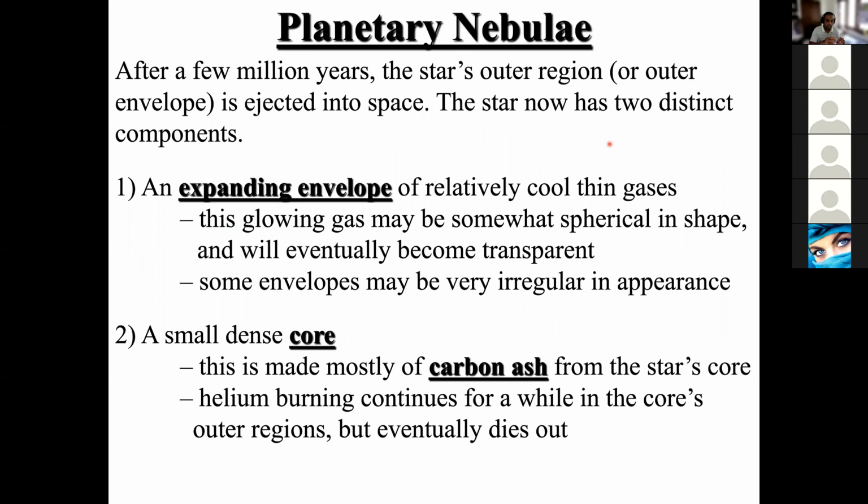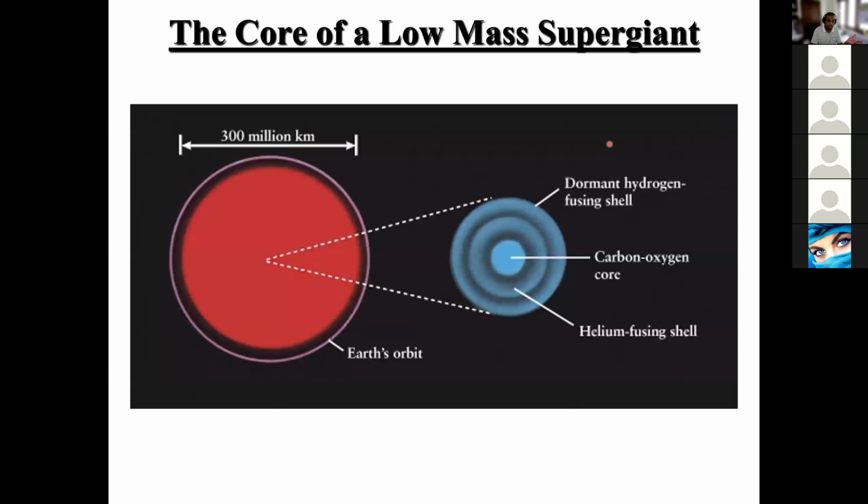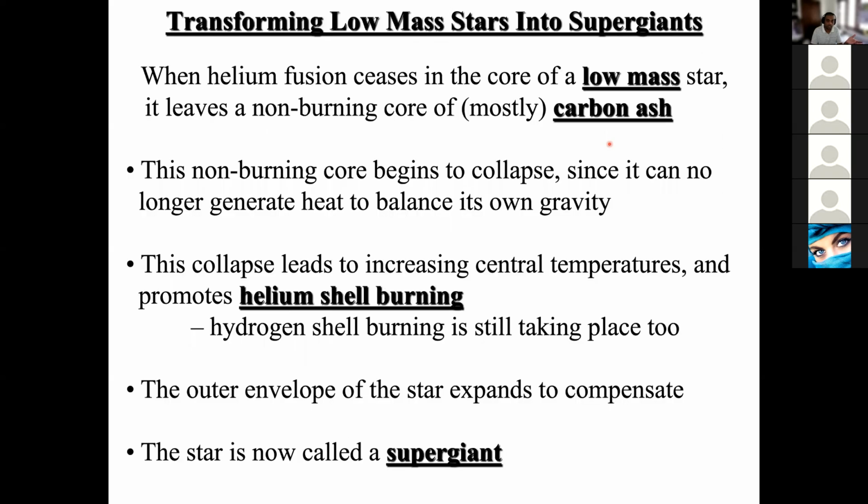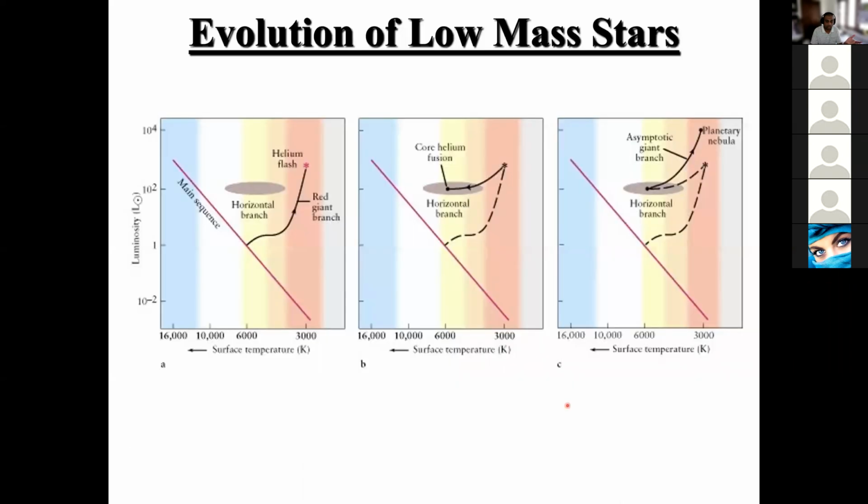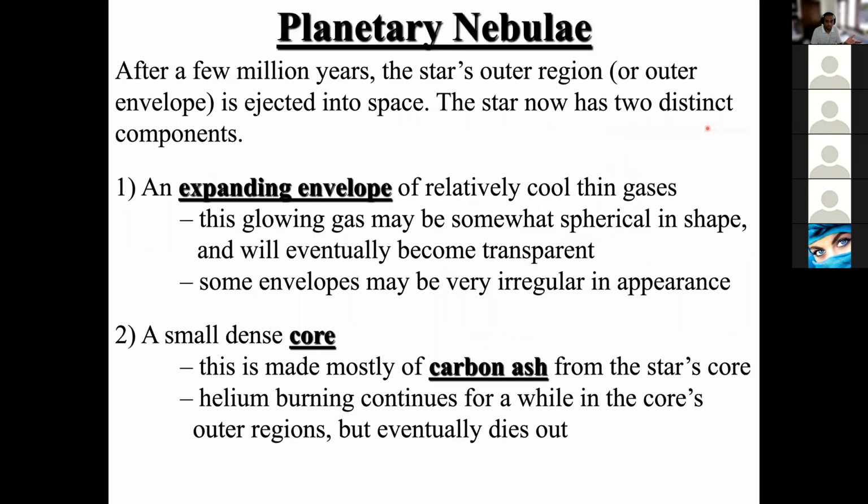Remember that we talked right here that you have carbon ash at the center, and at the same time, the outer envelope of this star expands, right? Because of that, there are two distinctive parts now when the star is at this particular position: an expanding envelope, and this small dense core, right?